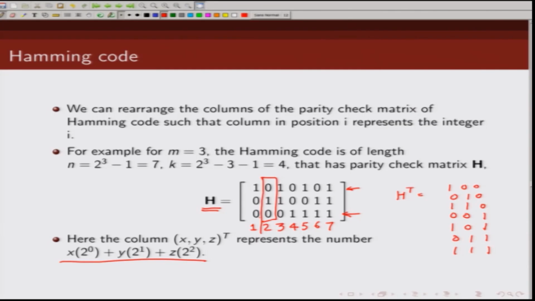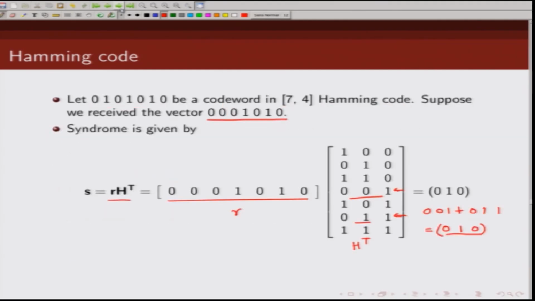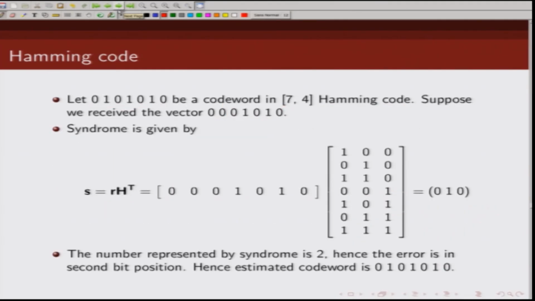So, what does it indicate then? It indicates that the second bit of my code word is in error. So, then I can go ahead and correct this error. From the syndrome, I can find out that this syndrome is nothing but the column in the second location.